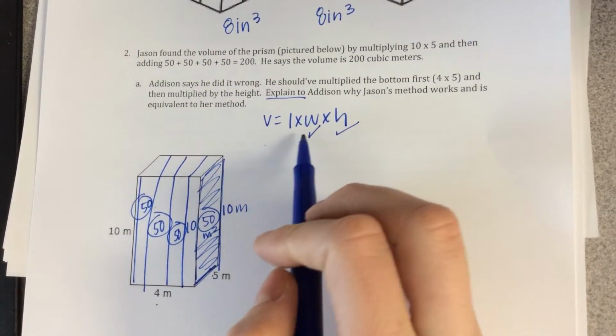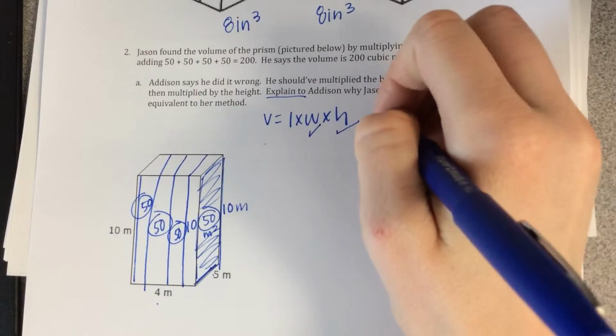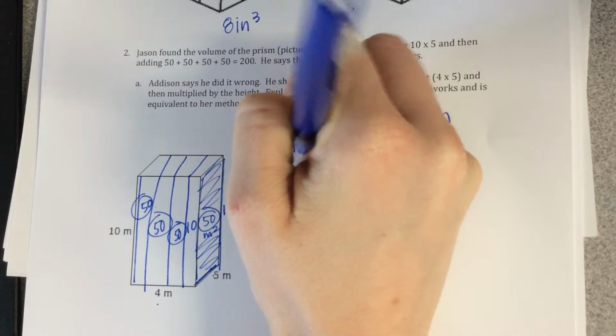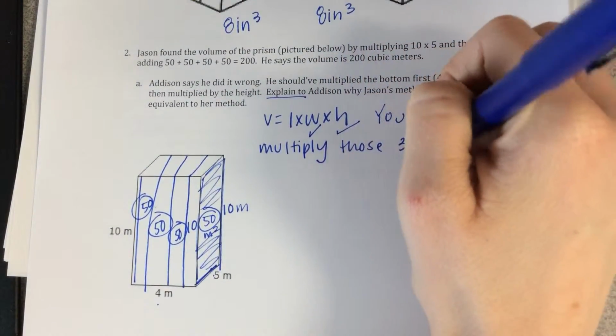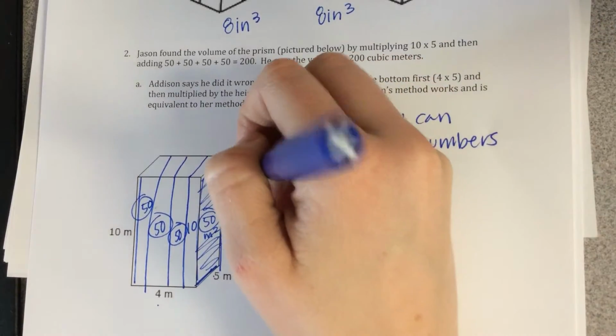So we know that volume is length times width times height. So you can multiply those 3 numbers in any order.